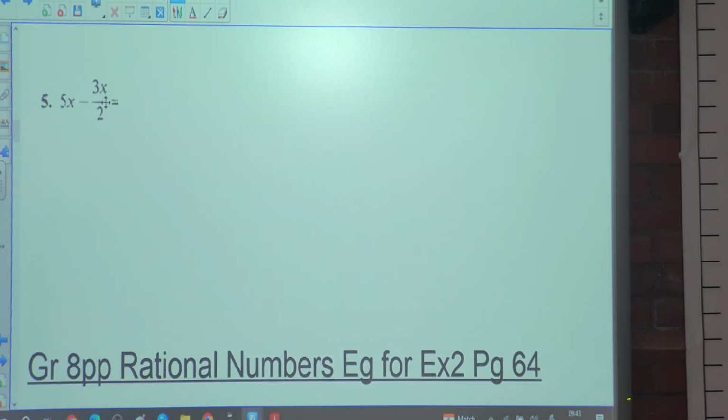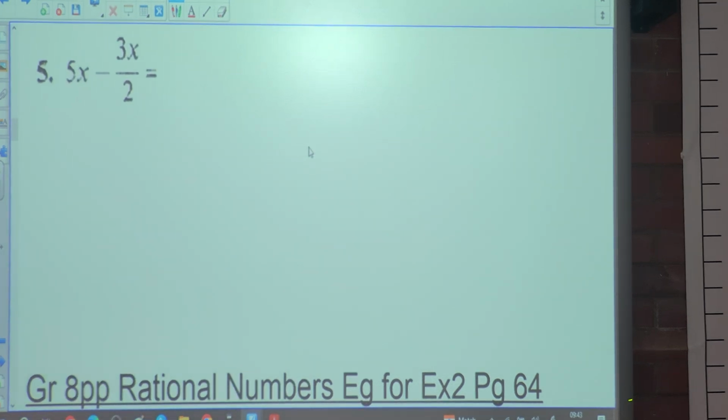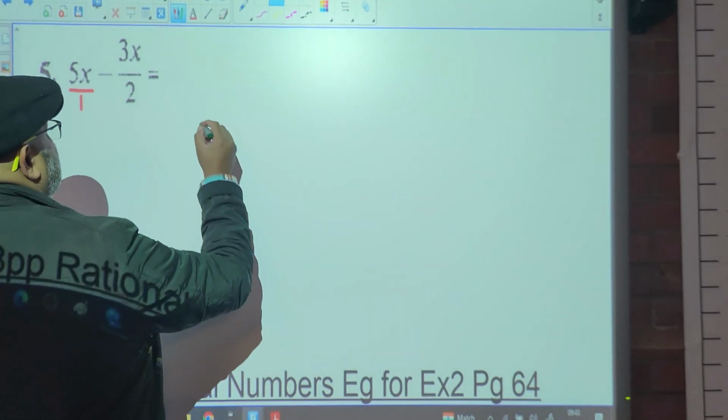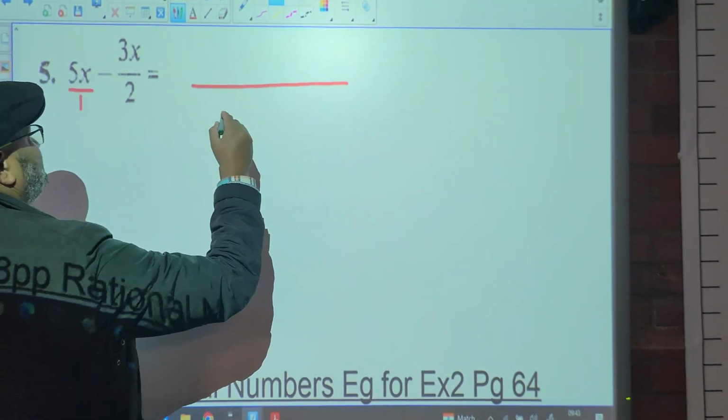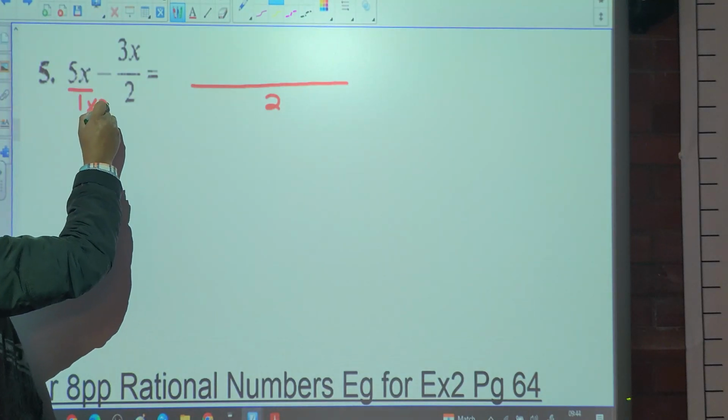Number 5. We have 5x minus 3x over 2, equals. 5x is naturally 5x over 1. What's your LCM here? 2. So that must be multiplied by 2.